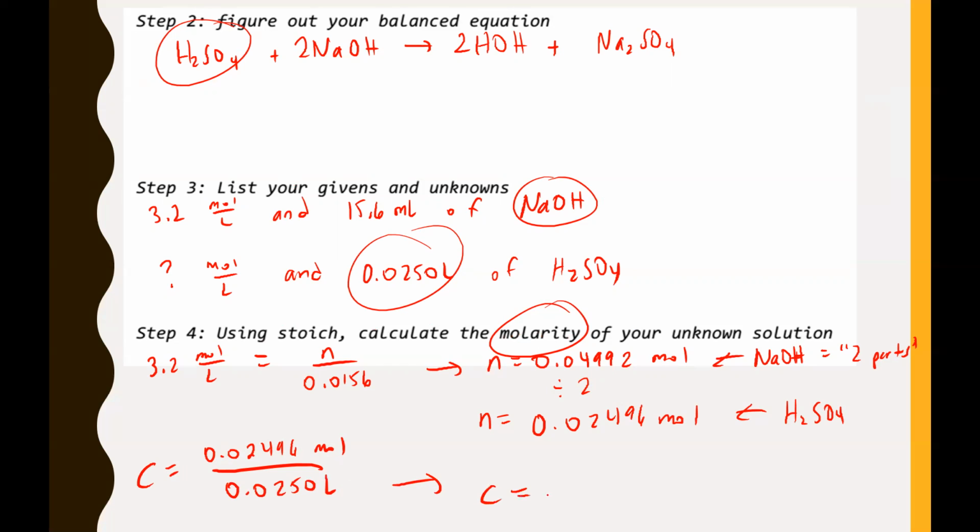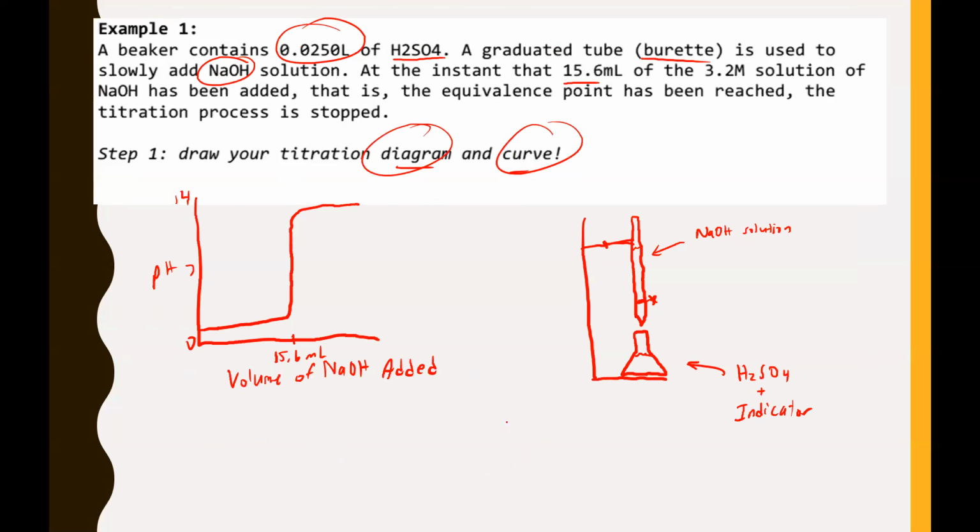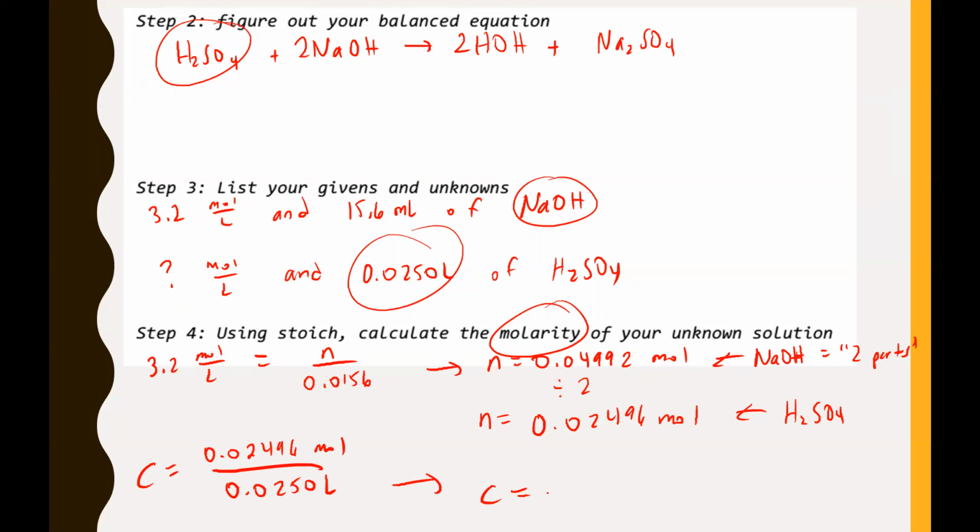Throw that in your calculator, and it'll actually be a weird number. It's like 0.99 and then a few other decimals. But notice in this question, you only need 2 sig digs. Back to the original question itself, I'll even show you. Look at this. 2 sig digs. Yikes. So 0.998 whatever is actually going to round all the way up to 1.0 moles per liter.